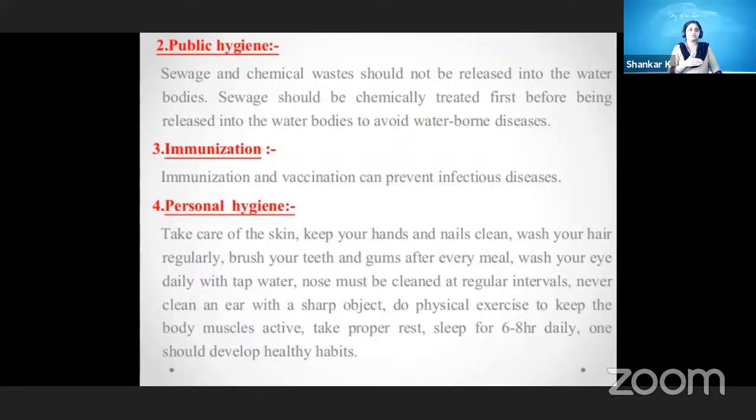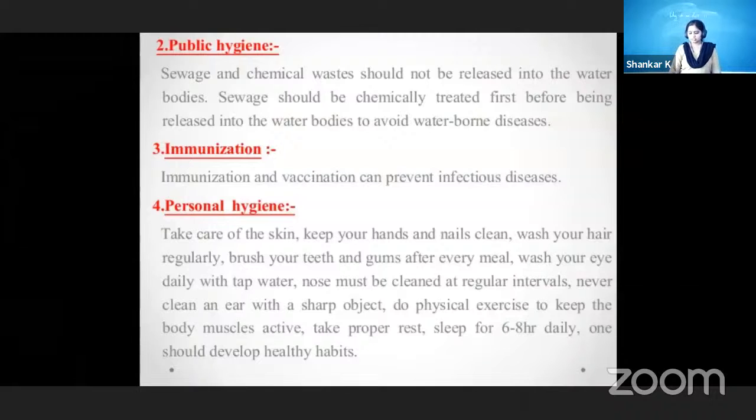The river water flows and carries the garbage to another place, and that water becomes contaminated. If we drink that water, we may catch disease. Sewage should be chemically treated first before being released into the water bodies to avoid waterborne diseases. So whatever diseases come through water, we can avoid by doing this.